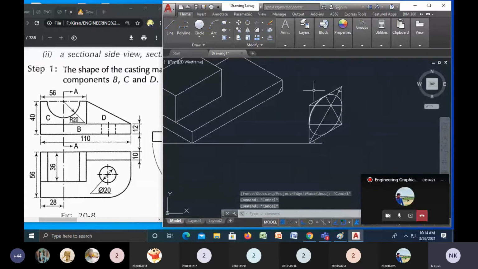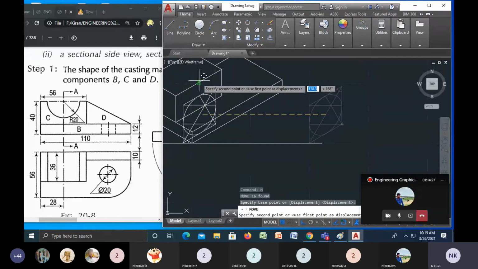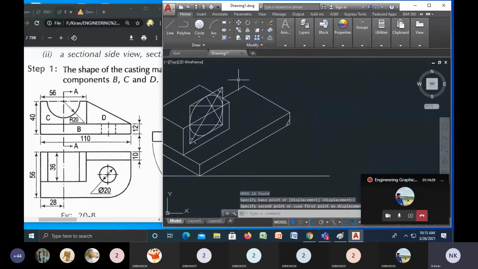Right. Now I will select this one. M enter. With this midpoint, I will place here. Yes, this is your perfect. Okay. Now I'll trim off all the lines which I do not need. Okay. I'll select all the circles.